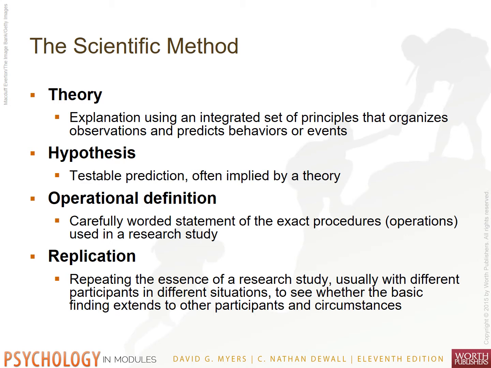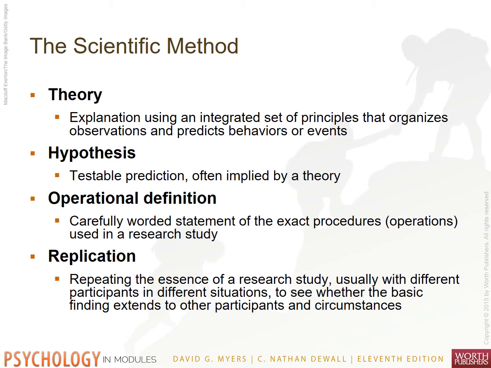It would be difficult, but it's something that could possibly be done. Or I could use some surveys that already are measuring attachment that have been validated and shown to have high reliability and high validity. So there's a wide variety of ways to measure. There's not one perfect way to measure things.